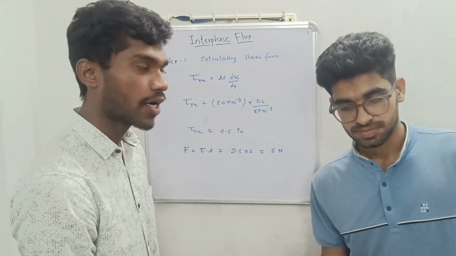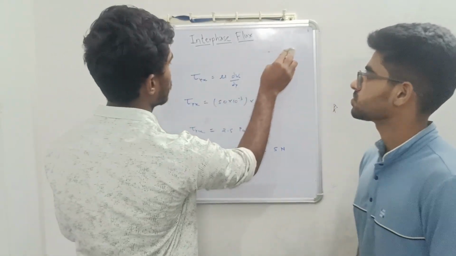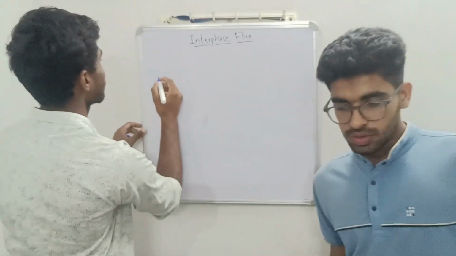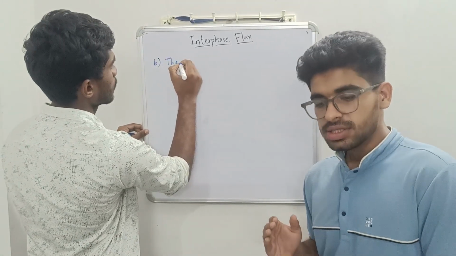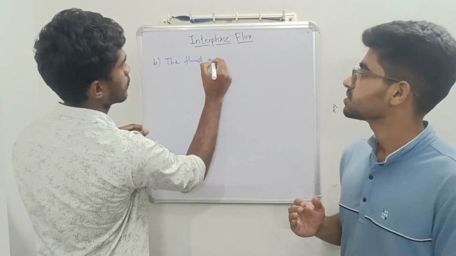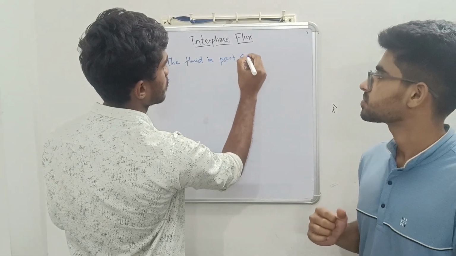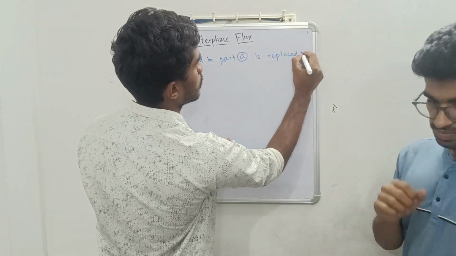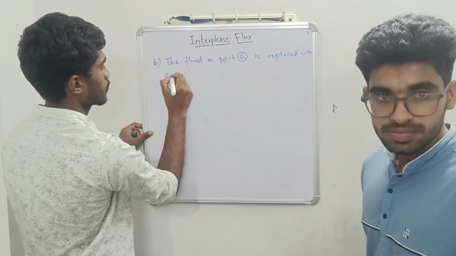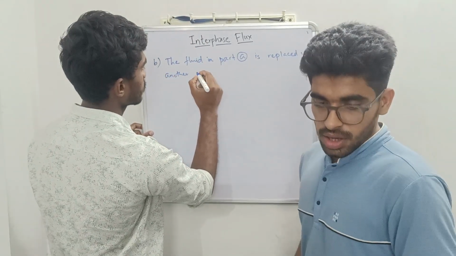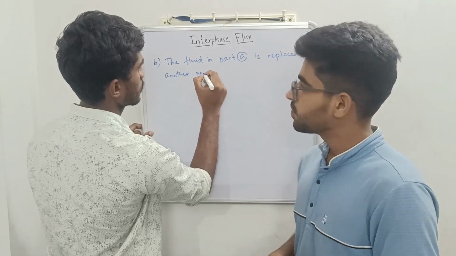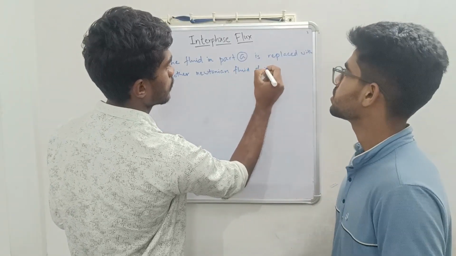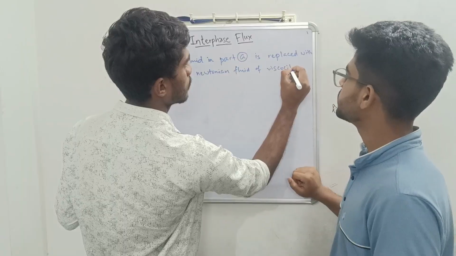So we will move on to part B of the question. The question is: the fluid in part A is replaced with another Newtonian fluid of viscosity 5 centipoise.